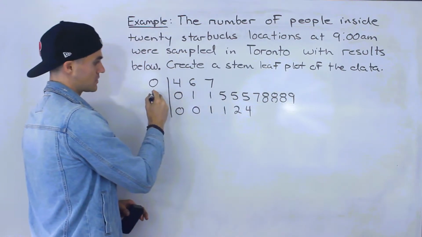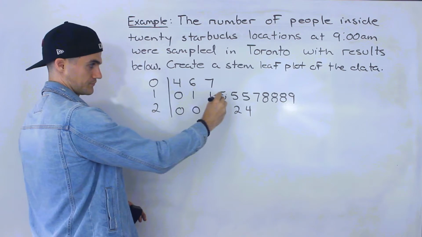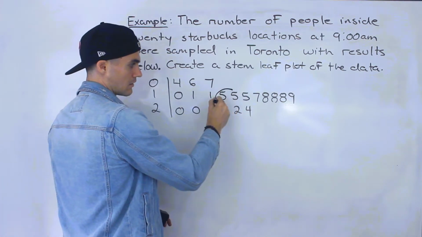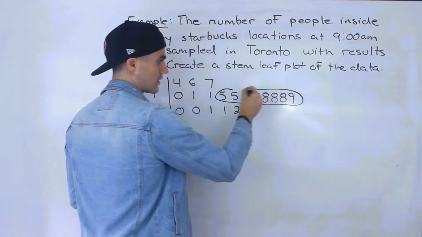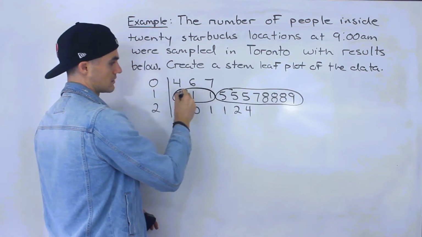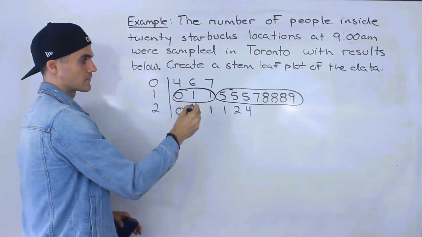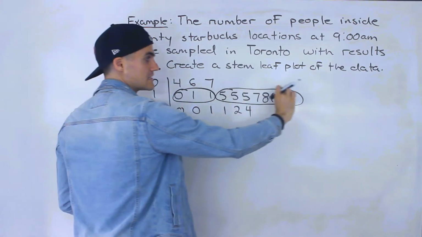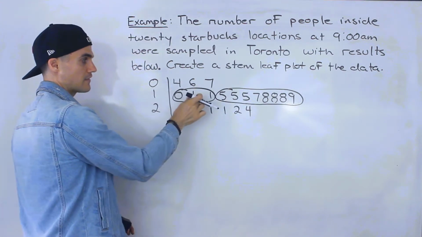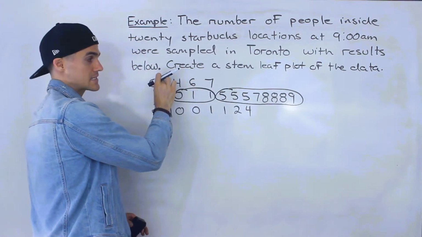And also notice that in this middle row here, most of the leaves are kind of clustered in between 5 and 9. And then we have 3 other ones, 0, 1, and 1. So notice that these leaves here are kind of closer to this stem, and then these ones are closer to this stem.